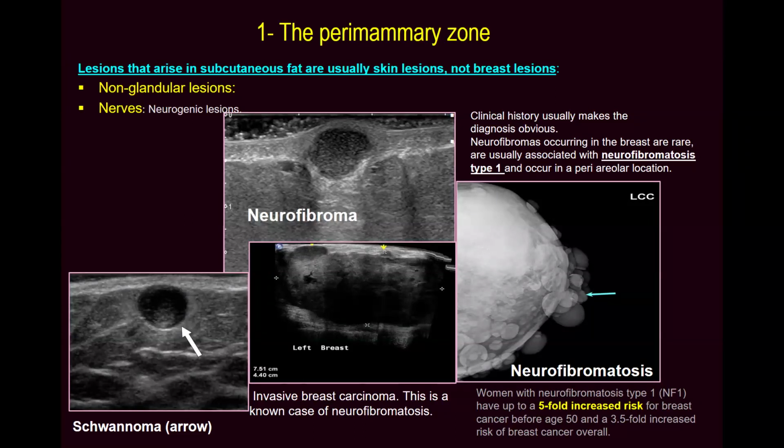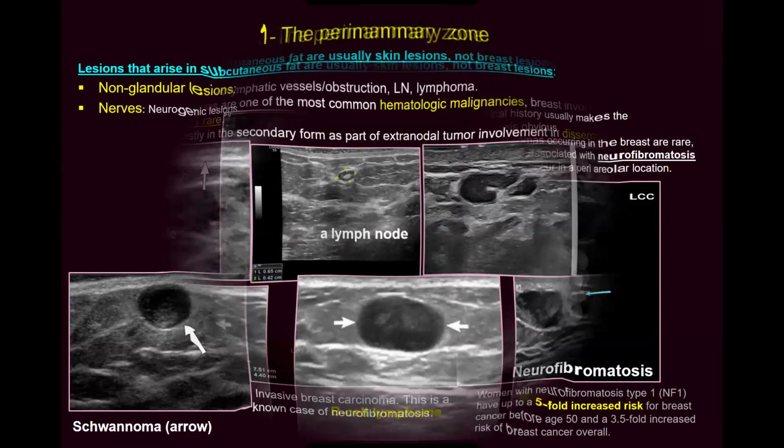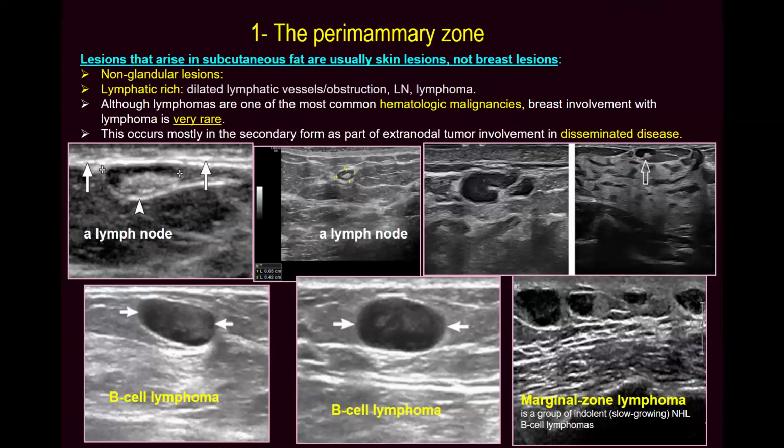And if the patient has neurofibromatosis and we have lesions, we have to exclude breast cancer. In this case, the mass seen here was invasive cancer. The clinical history and biopsy are important in cases of neurofibromatosis.